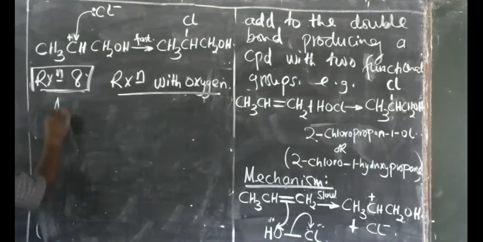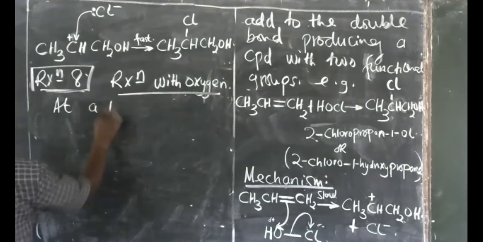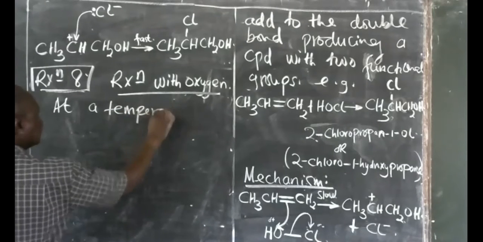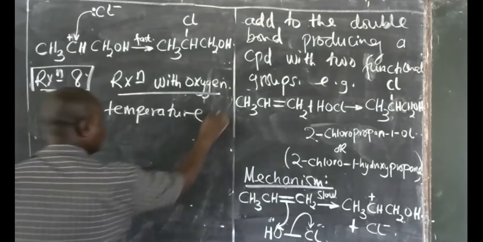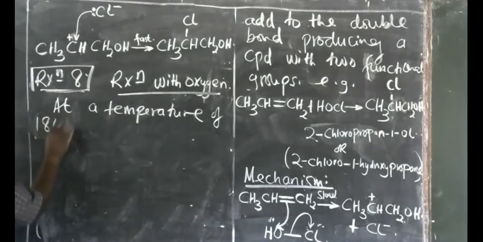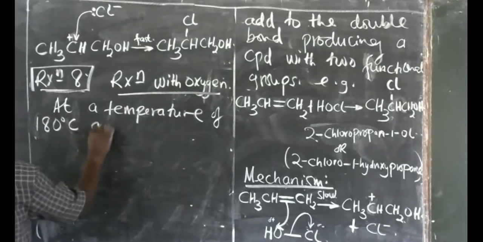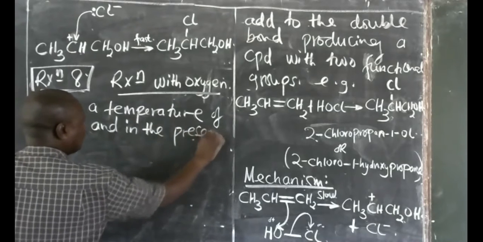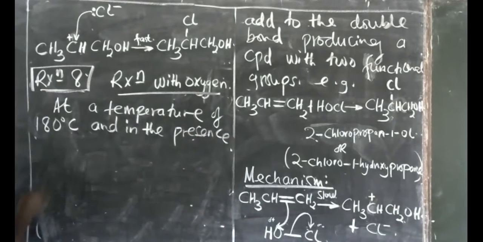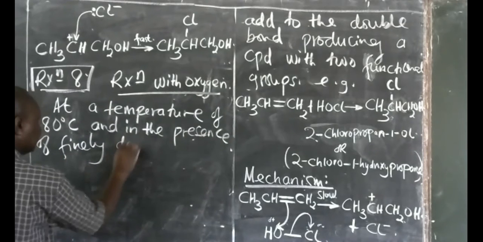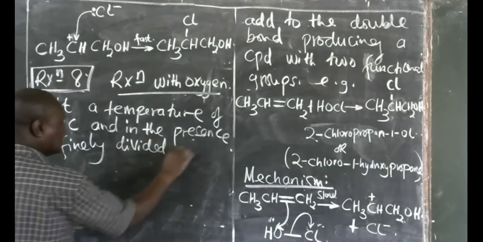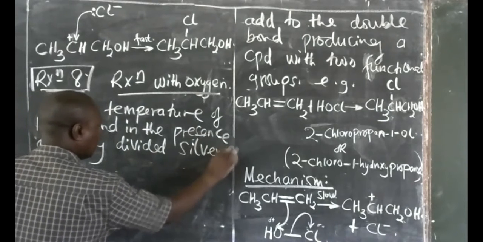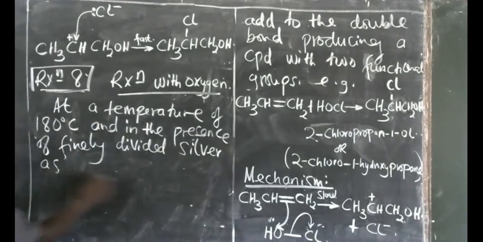So you can say at a temperature of 180 degrees centigrade and in the presence of finely divided silver as a catalyst. So silver acts as a catalyst.